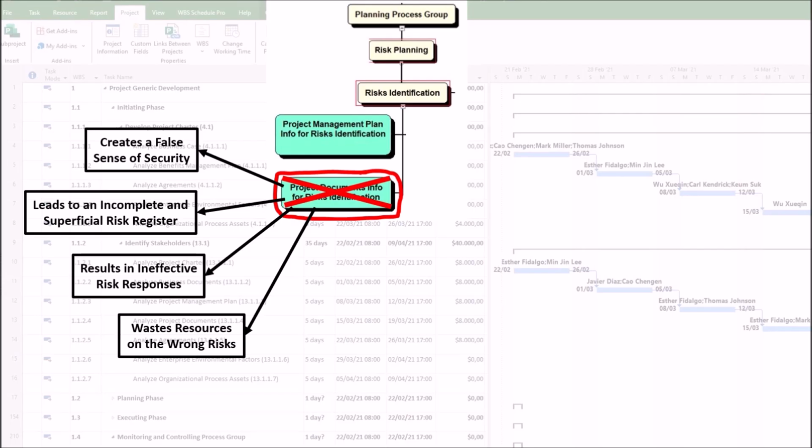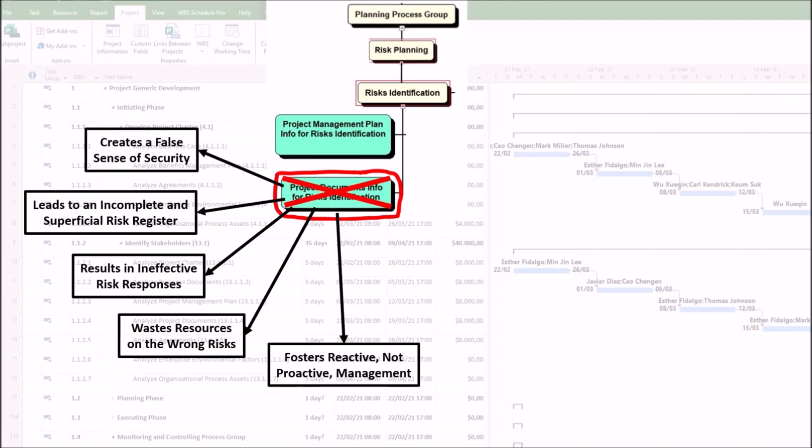For example, the team spends weeks creating a backup plan for a resource who is unlikely to leave because they didn't analyze the project team assignments to see high morale and low attrition, while completely missing a critical dependency on a third-party component with a known unstable API, because they didn't analyze the requirements documentation in detail.